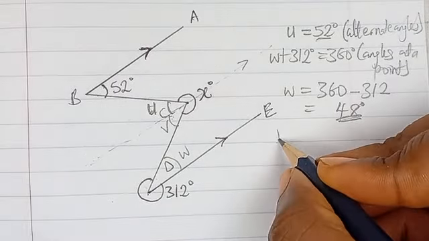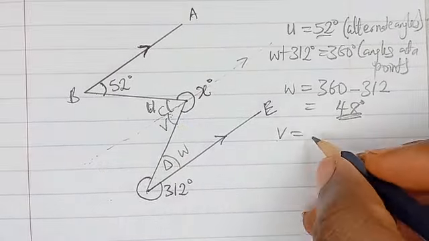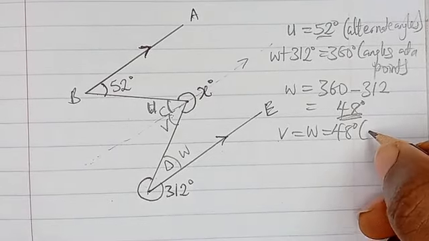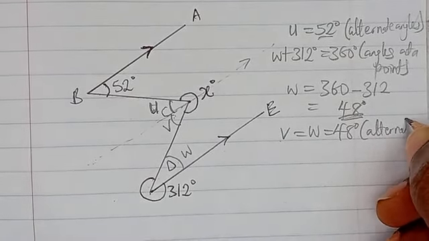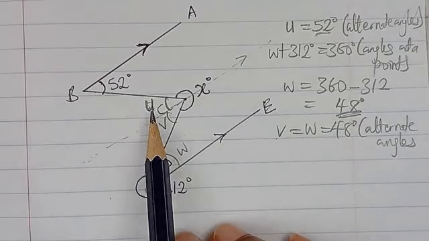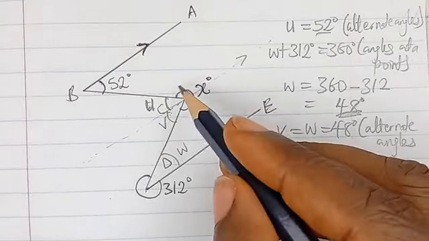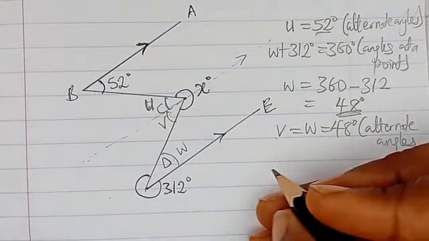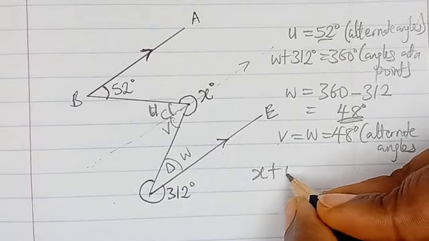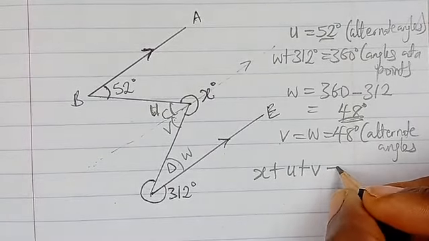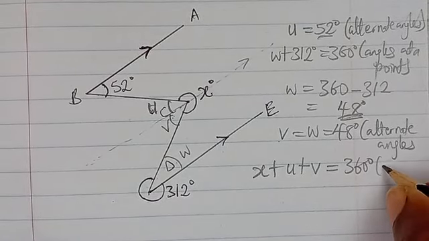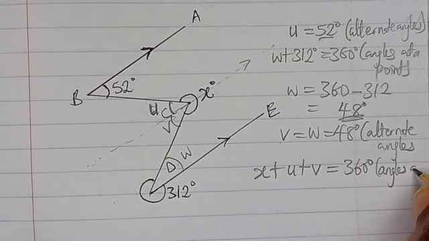And then we have that V is equal to W, which is equal to 48 degrees, and the reason is that they are alternate angles. Okay, having found U and V, we can now find X from here. We have that X plus U plus V are all equal to 360 degrees, and our reason is that they are angles at a point.